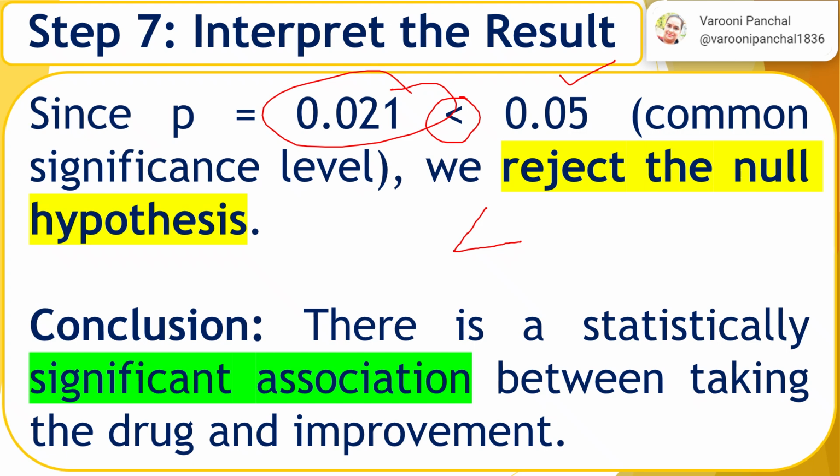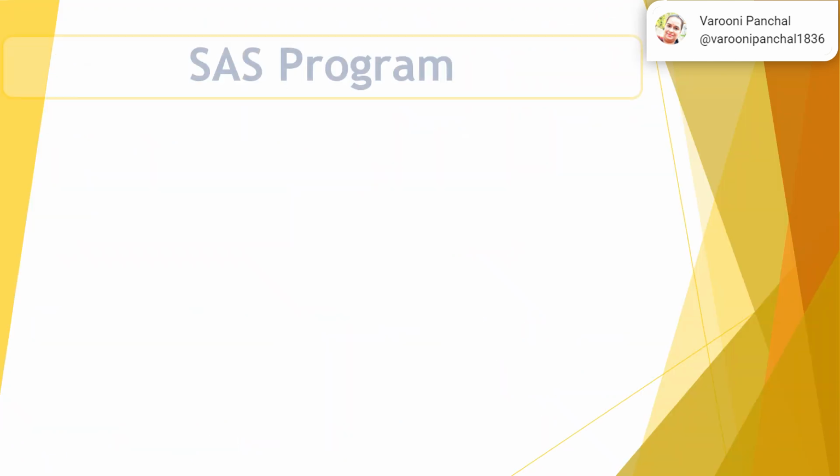So here we reject the null hypothesis because the p-value is 0.021, which is strictly less than 0.05. Hence, we conclude that there is a statistically significant association between taking the drug and improvement.